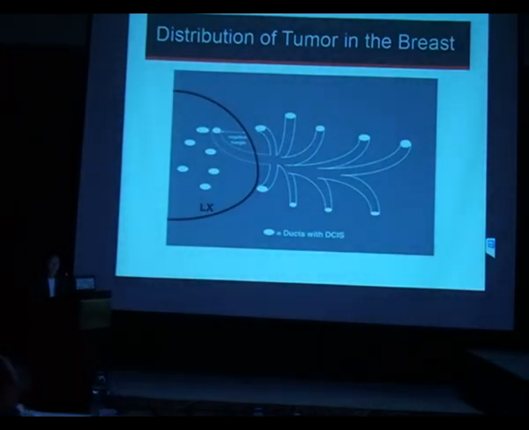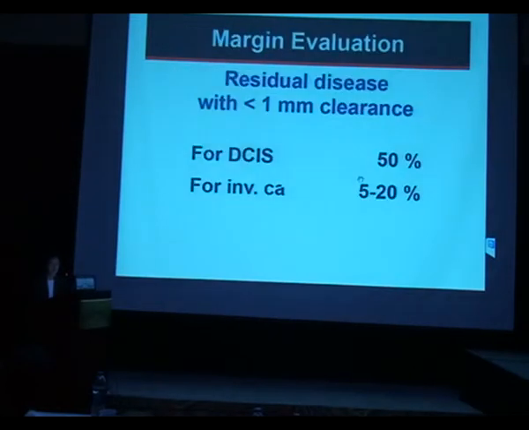We know that the distribution of tumor in the breast is different for different types of histology. So if there is extensive DCIS on your slide, then the patient may have a higher chance of having residual tumor in the remaining breast.